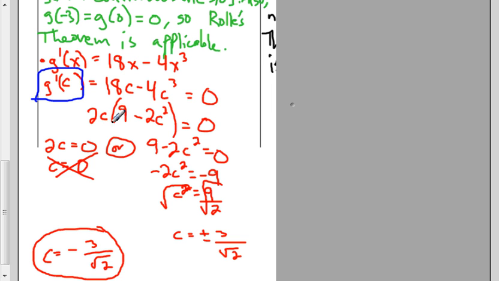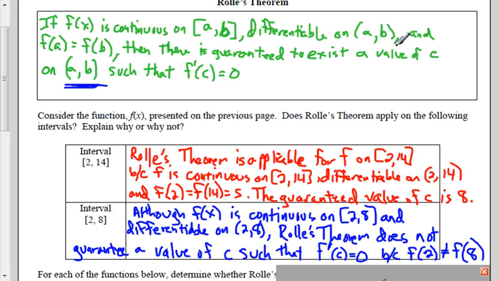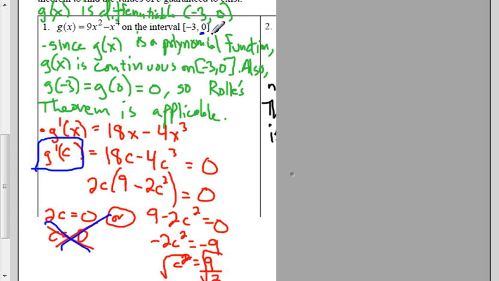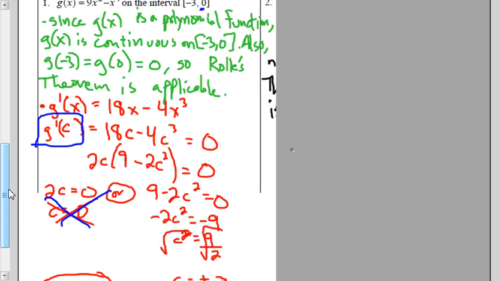I can take out a 2c: 2c times 9 minus 2c squared must equal 0. So the zero product property says 2c must equal 0, which tells me c equals 0. Now I crossed it out because, coming back up here, that value of c must exist on the open interval. That means on my interval from negative 3 to 0, I can't include the 0. So yes, that would work, but it's not on that interval.